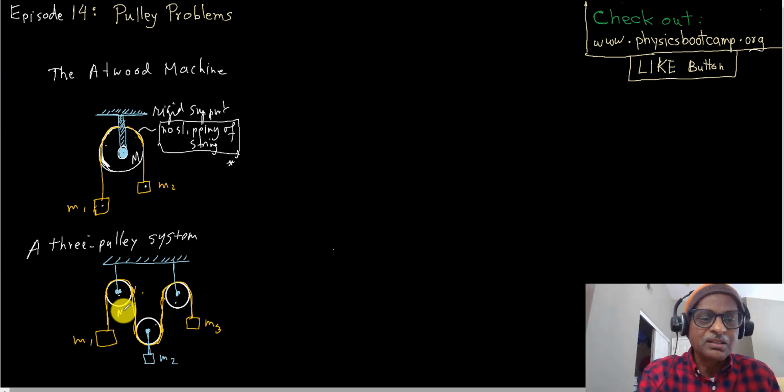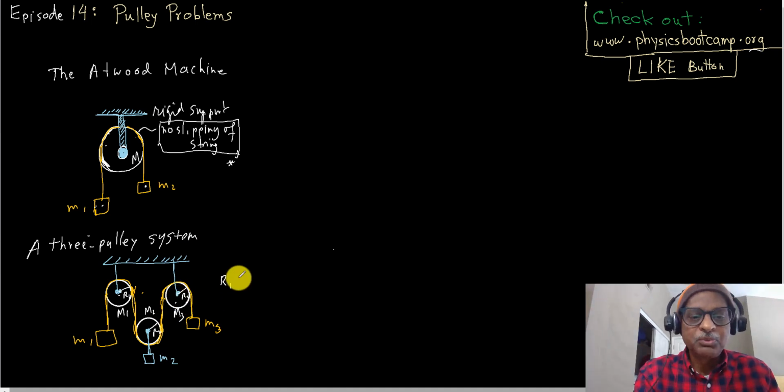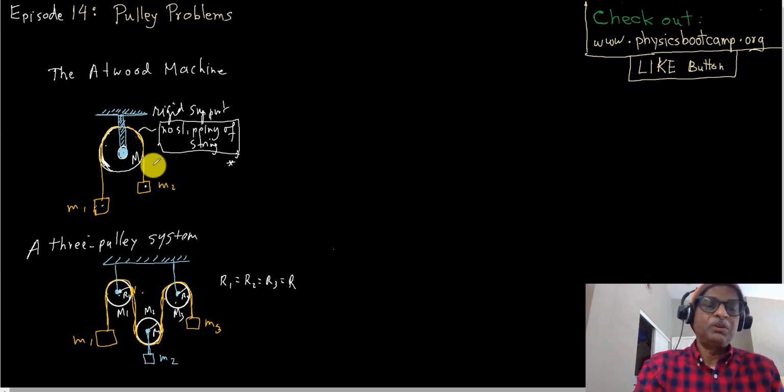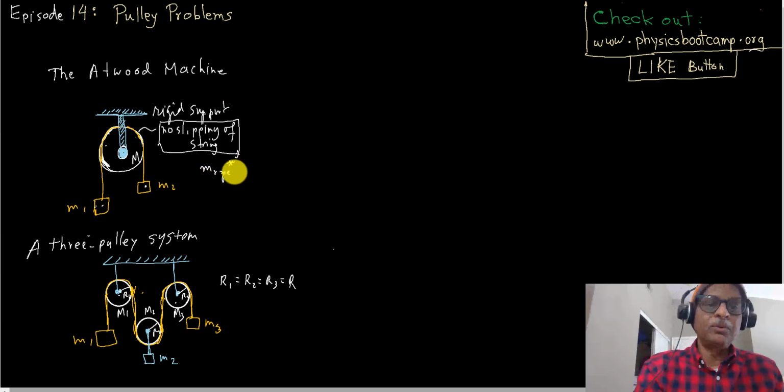And what's the subsequent motion of these guys? You can say this guy is M1, this guy is M2, this pulley is M3. And this radius may be R1, this radius R2, and this radius R3. When we solve this problem today, just for simplicity, we can just call it R, the same. In all of these pulley problems, there is this thread or rope going around, so you might consider the mass of the rope.